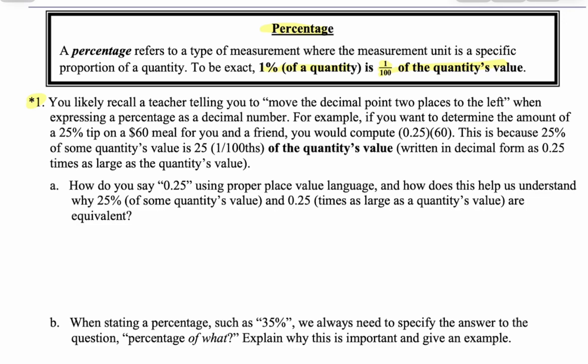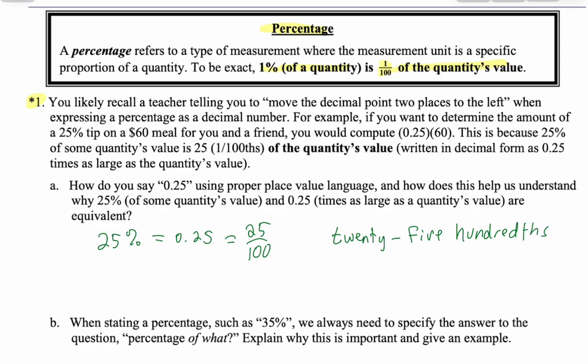So let's write some things. 25% is 0.25. But in proper language, it is technically 25 hundredths, or in words, 25 hundredths. So all of those things are equivalent.